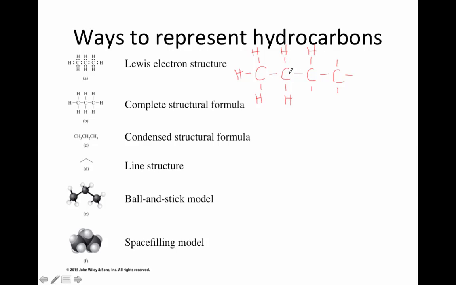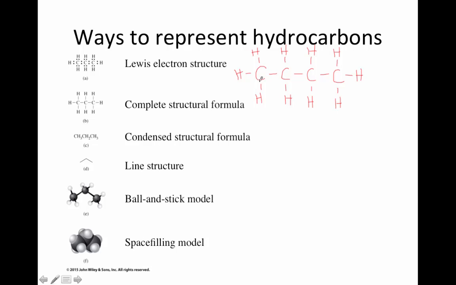If you're a carbon in the center of the chain, you have 2 carbons on either side. If you're a carbon on the end of the chain, you only have 1 carbon, and you have 3 hydrogens. So your end carbons in these hydrocarbon chains will commonly have 3 hydrogens attached to them, and the central carbons will have 2 hydrogens attached to them if you have all single bonds.